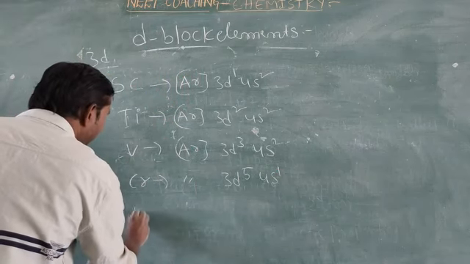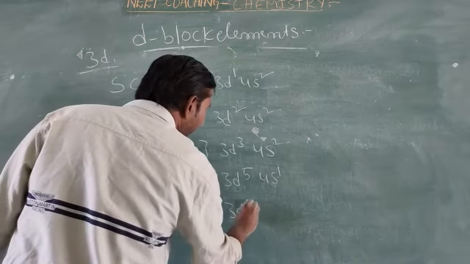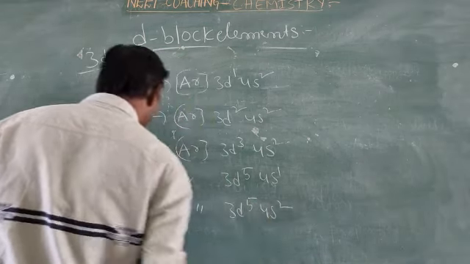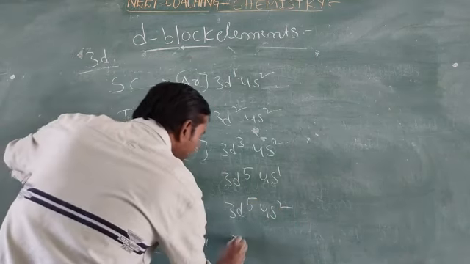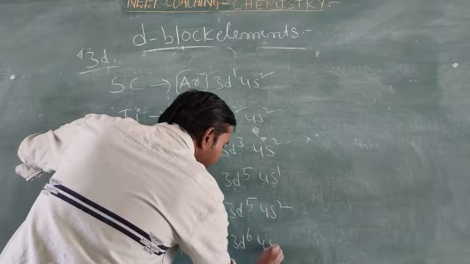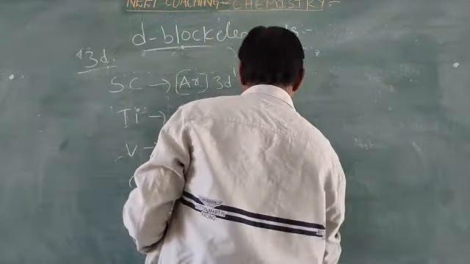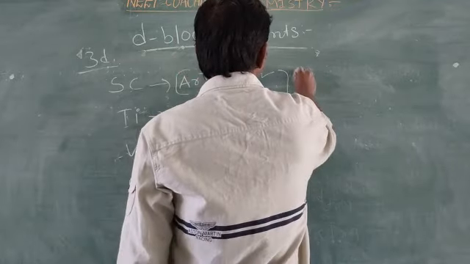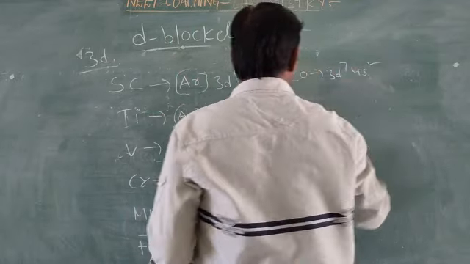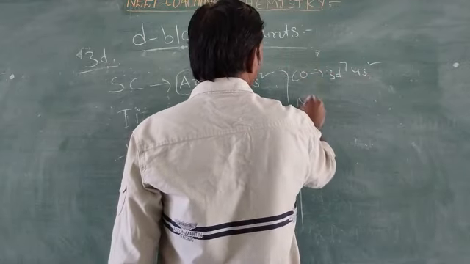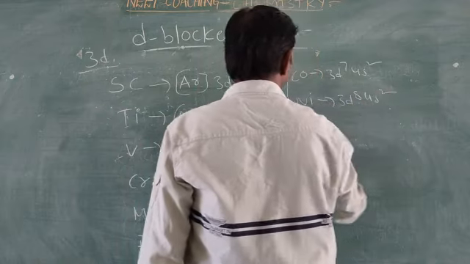Next, manganese, argon 3d5 4s2. Iron, argon 3d6 4s2. Next, cobalt 3d7 4s2. Nickel 3d8 4s2.